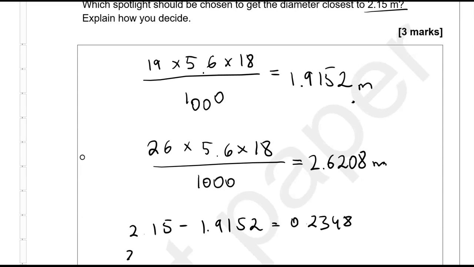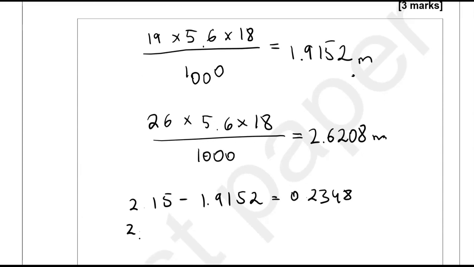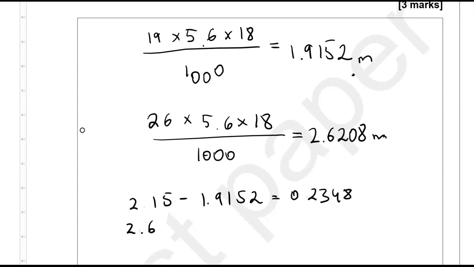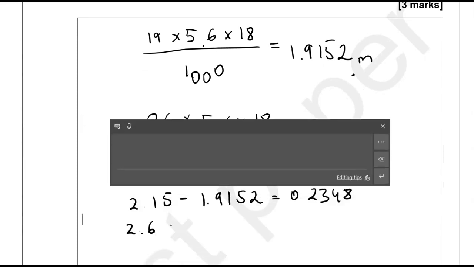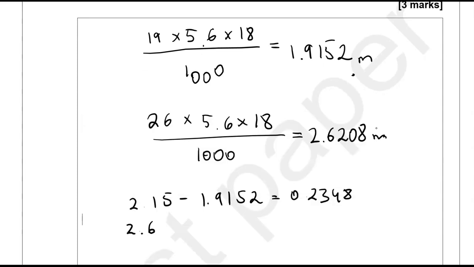Now I'm going to do 2.6208, take away the 2.15, gives us 0.4708.